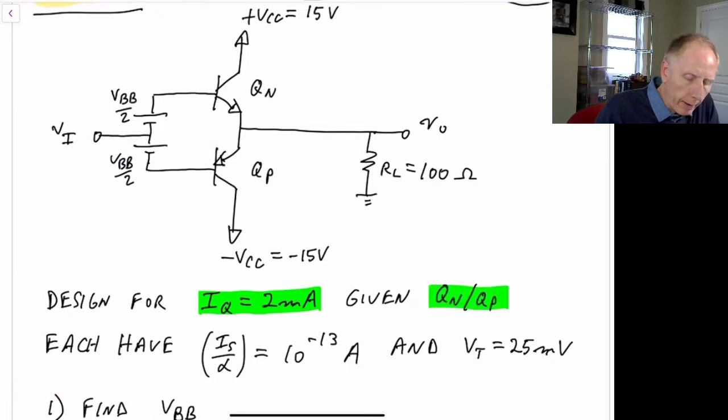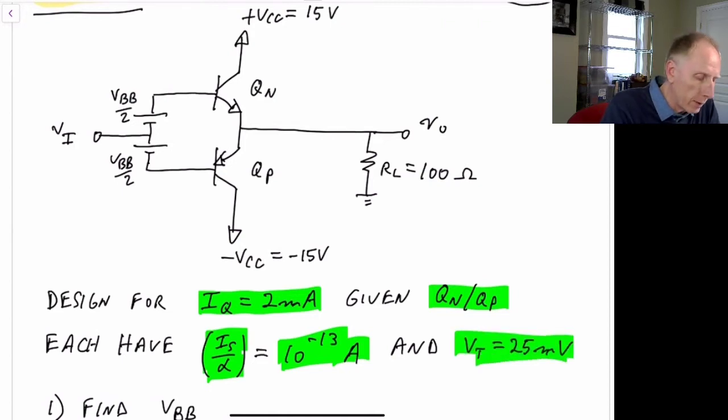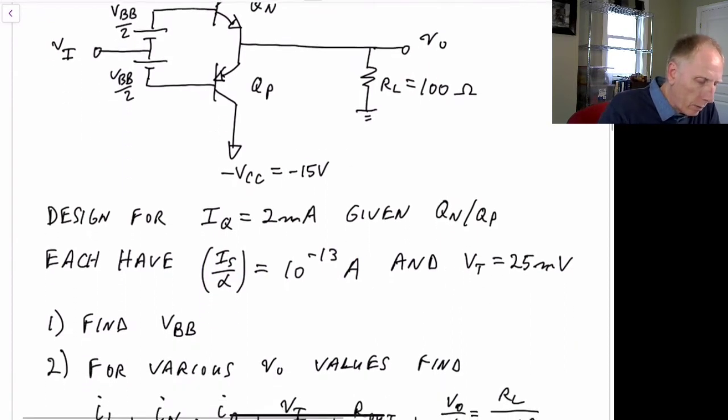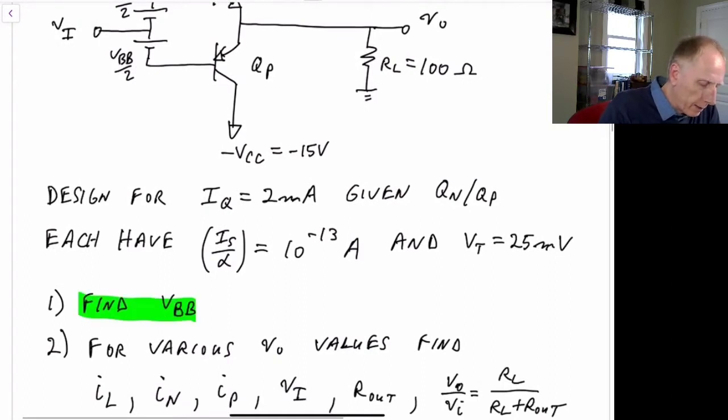Given that our NPN and our PNP transistors each have an IS over alpha equal to 10 to the minus 13 amps, and we'll assume that the thermal voltage is equal to 25 millivolts in this case. And our goal will be to first find the VBB voltage that we need in order to get the quiescent current of 2 milliamps.